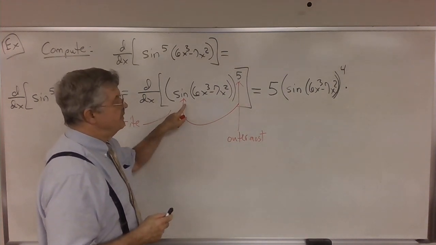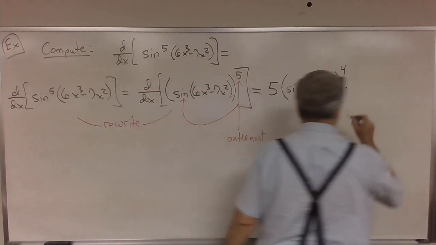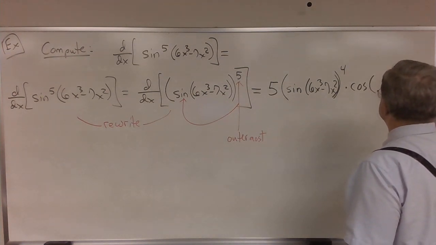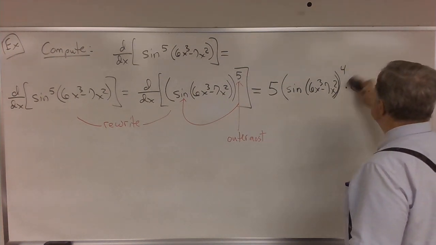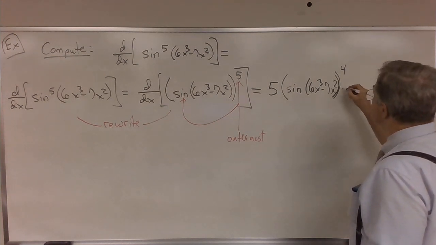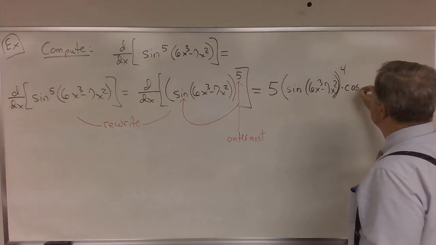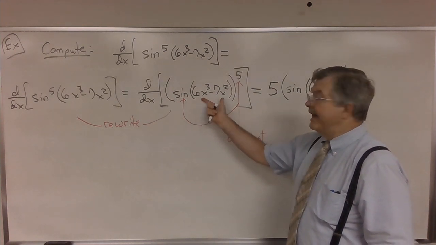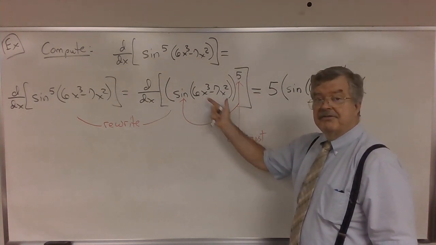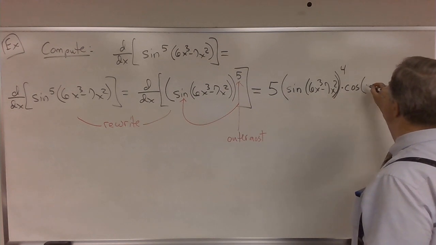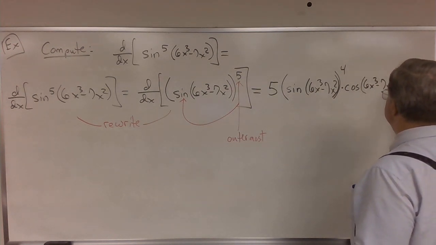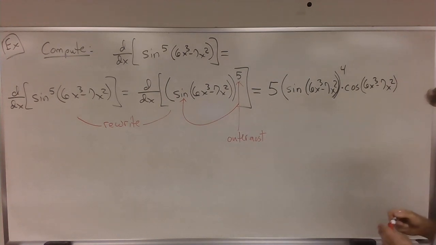So it's the derivative of sine, which is cosine. The derivative of sine evaluated at everything inside, 6x cubed minus 7x squared.